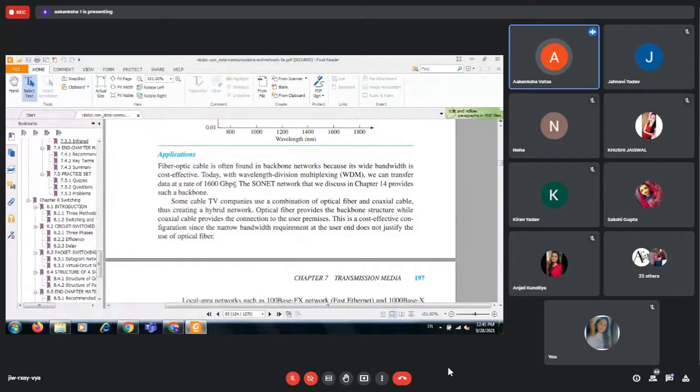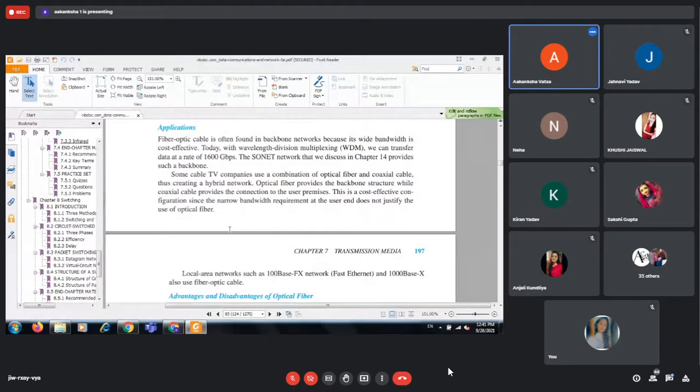So basically they use fiber at the higher end because the data rate is 1600 Gbps. There is another network, SONET, we'll discuss it later, and it is basically used as a backbone for higher data rate networks.